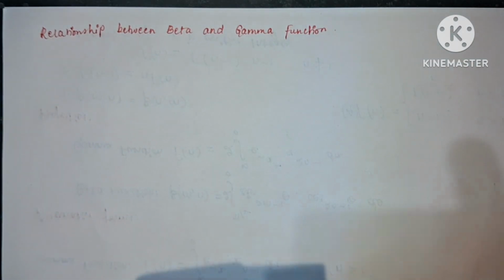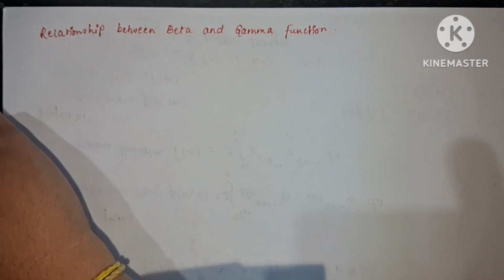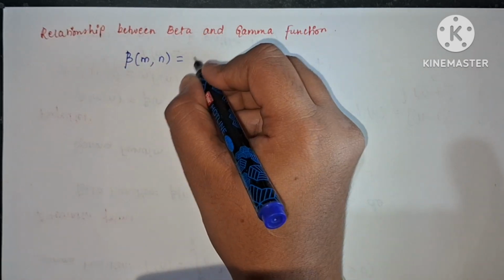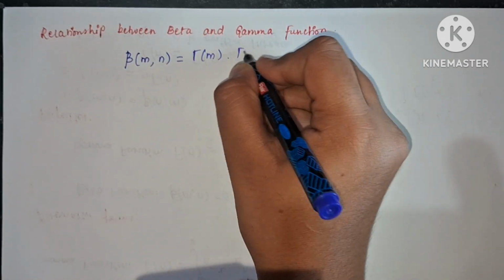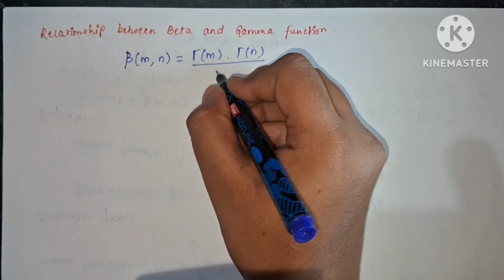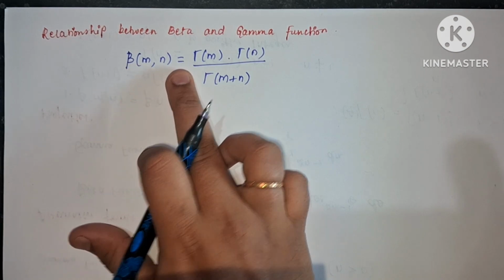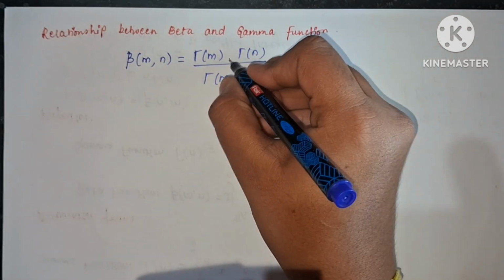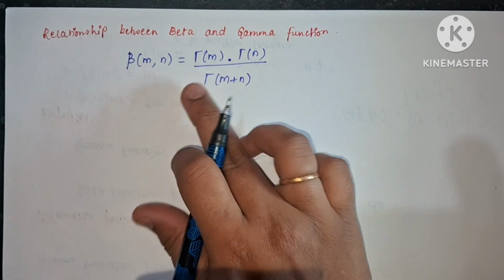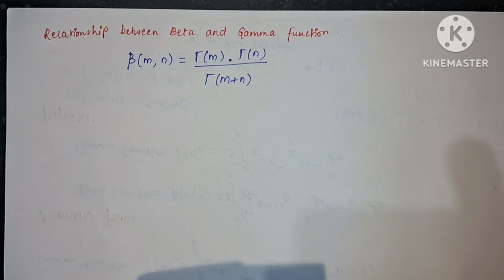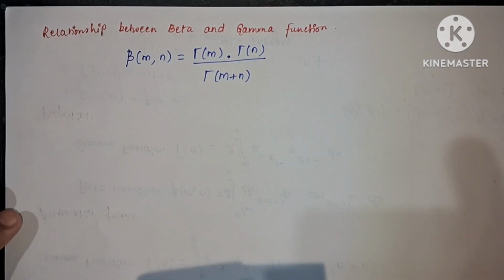The formula is given by beta of m comma n is given by gamma of m times gamma of n, the whole divided by gamma of m plus n. This is the relationship between beta and gamma functions. Clear? Hope it is clear. These are the formulas we will be using for our proofs. Clear? Next.